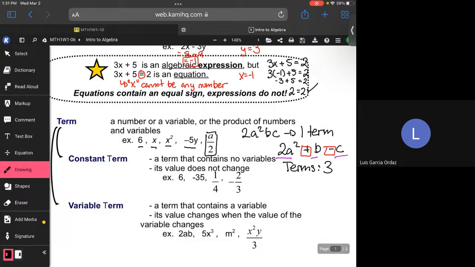Now we have something called a constant term, which is a term that has no variables. So there's no variable attached to it, and the value does not change. It's called constant because when you have a numerical value, you can never change the value of that number.